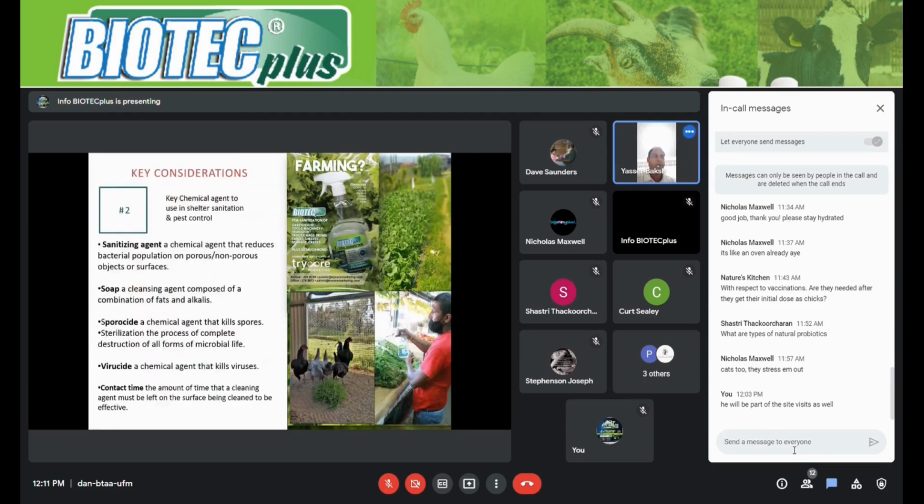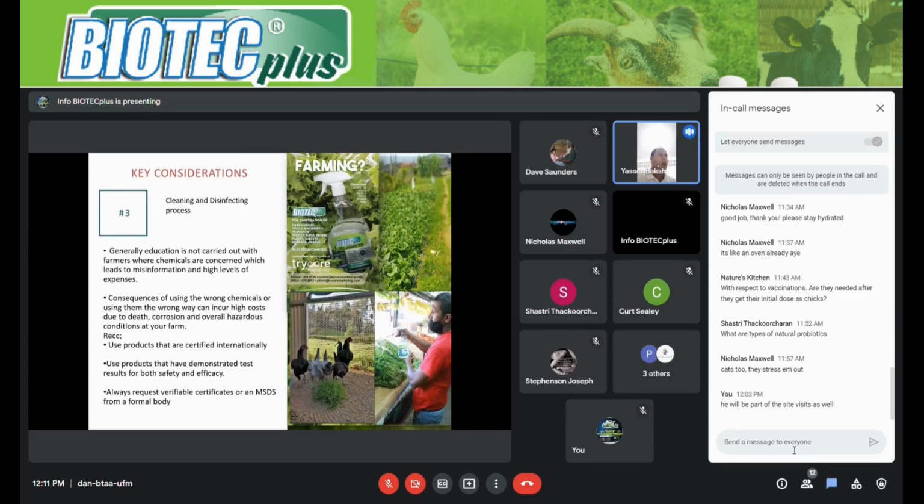So we want to avoid all those things. The consequences of using the wrong chemicals, or using them the wrong way, can incur high costs due to death, corrosion, and overall hazardous conditions at your farm.